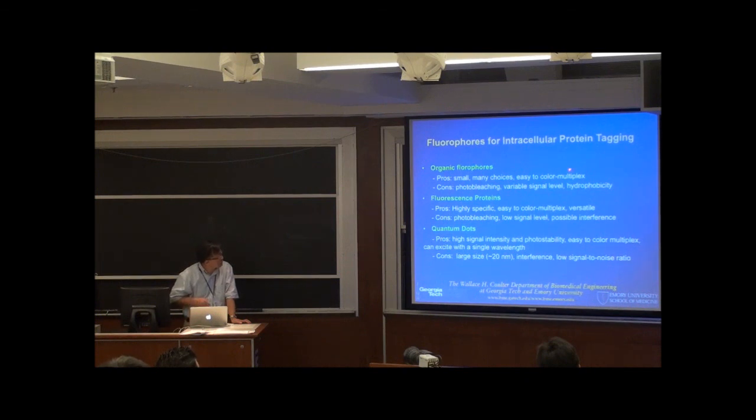There are, as I mentioned, different ways to tag intracellular proteins, but there are pros and cons. For example, if you use fluorophores, the good thing is that they are small, and you have many choices. You can choose the dye you want.